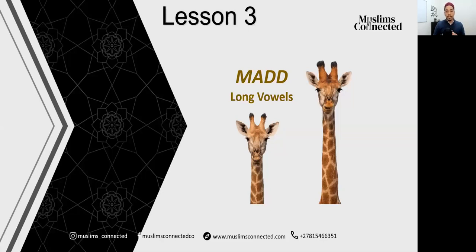It is often that students or seekers of the Arabic language, even if you can identify and apply these concepts, sometimes it's a matter of confidence. How confident are we that we know what we are doing when it comes to the mad, the extended sound? Let's take them one by one.